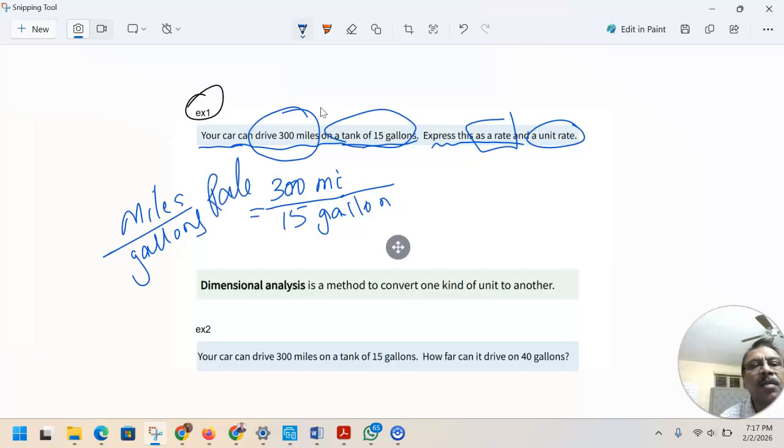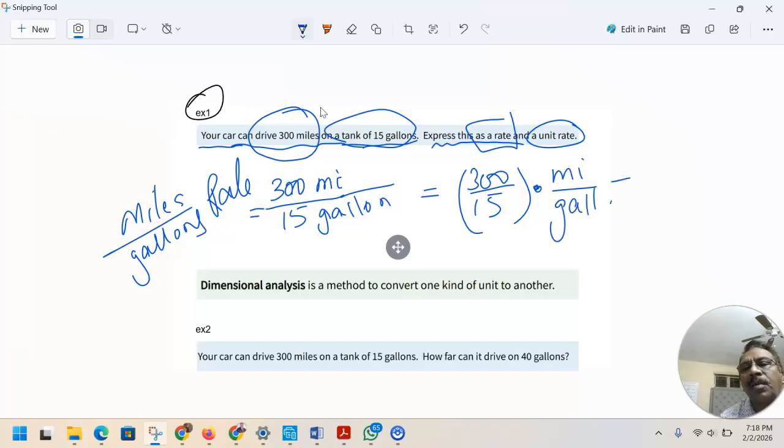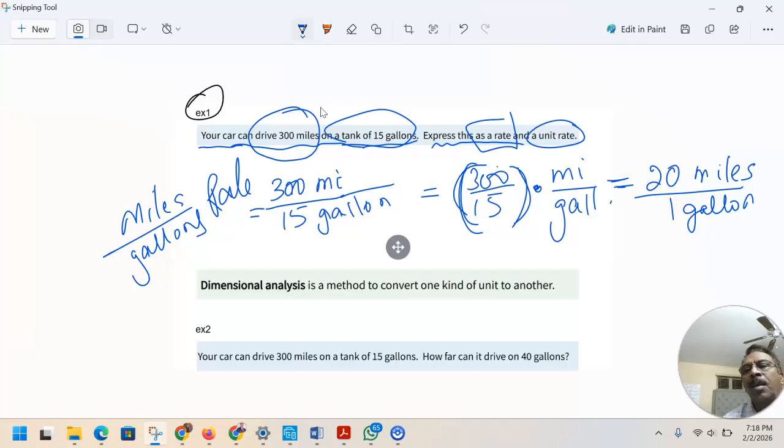But let's write this as 300 divided by 15, and this is miles per gallon. 300 divided by 15 will give you 20. You can check, and this will be 20 miles per 1 gallon. That is called the unit rate, which is what we have to use.